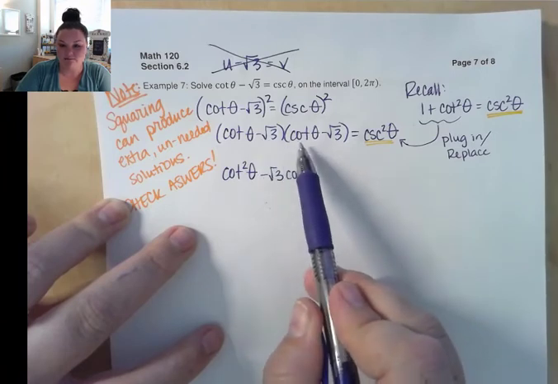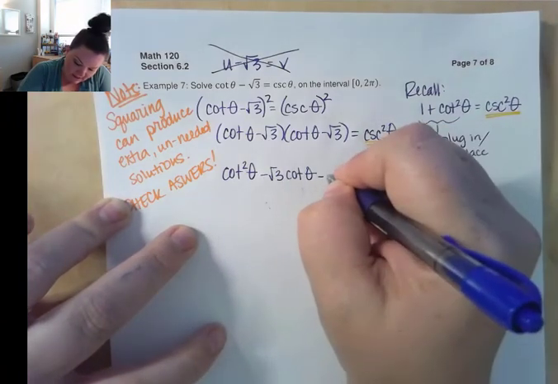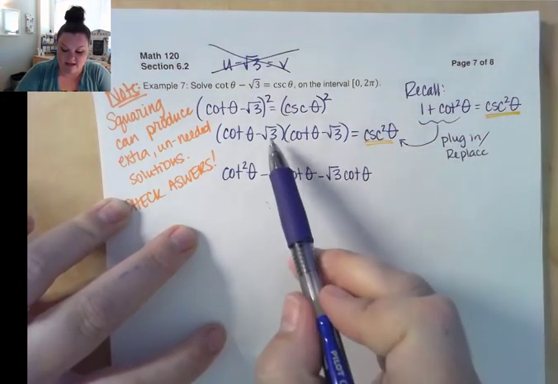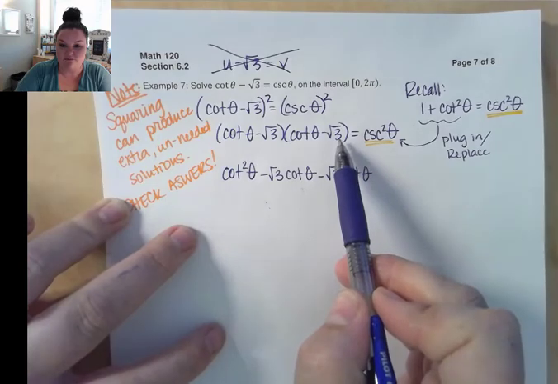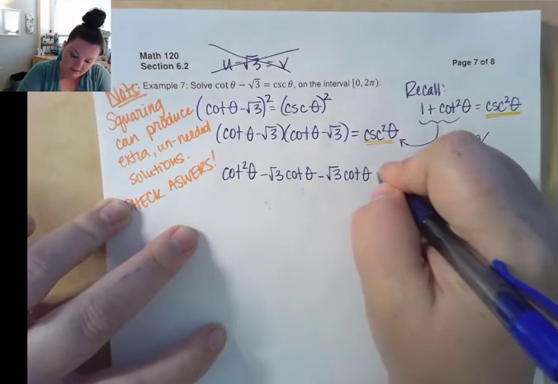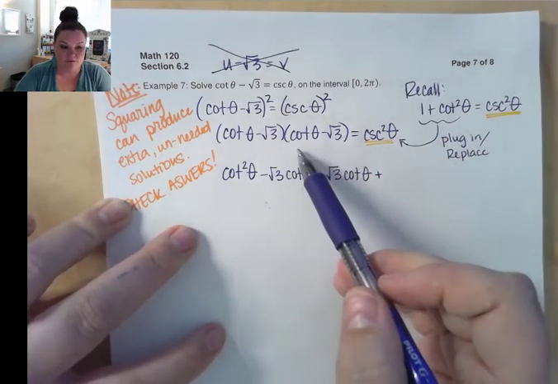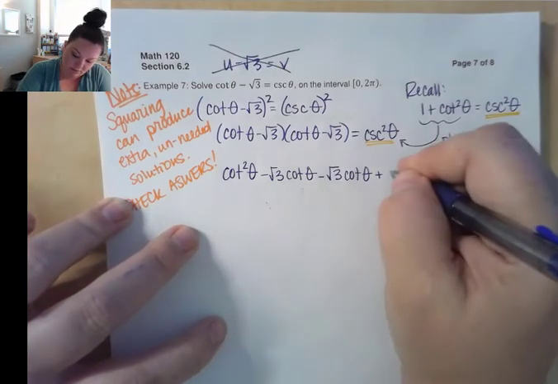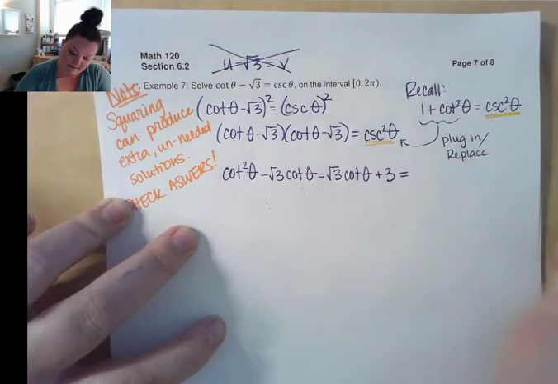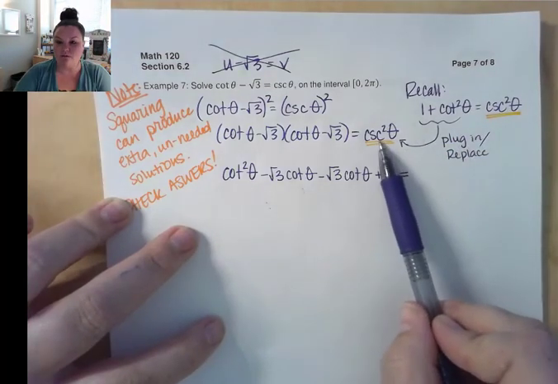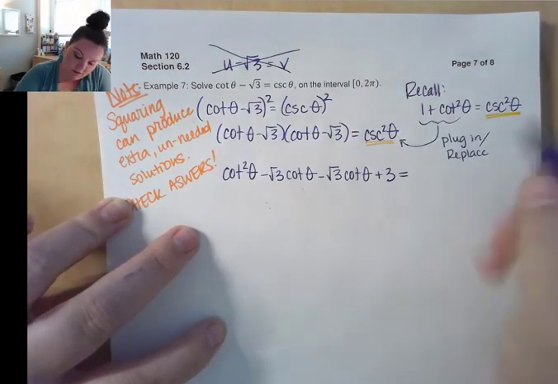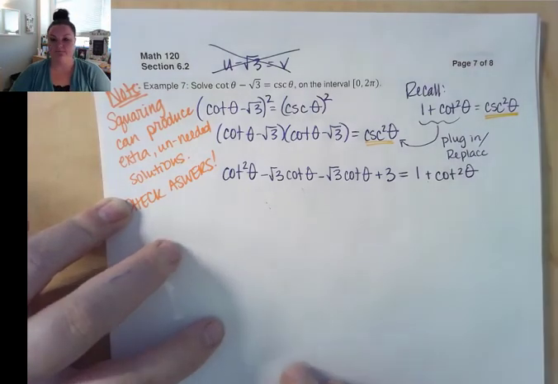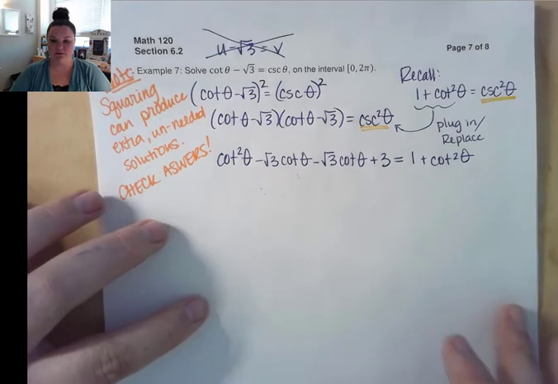Negative root 3 times cotangent theta is negative root 3 cotangent theta. And negative root 3 times negative root 3: negative times negative makes it a positive, and square root of 3 times square root of 3 becomes square root of 9, which is 3. And then that's going to be equal to what I get when I replace this, which is 1 plus cotangent squared theta. Sorry, that's written super crooked.